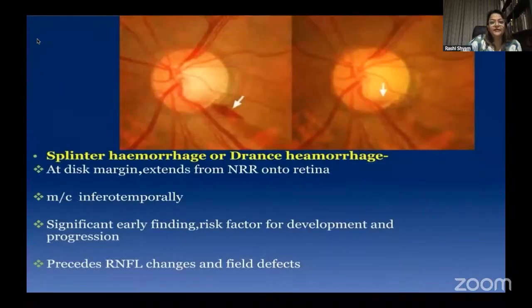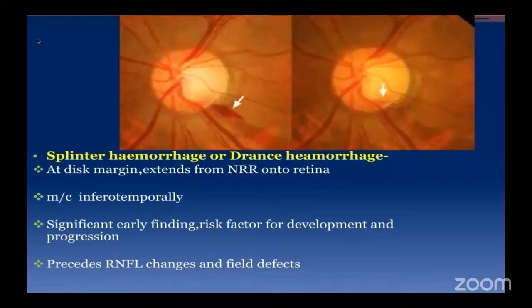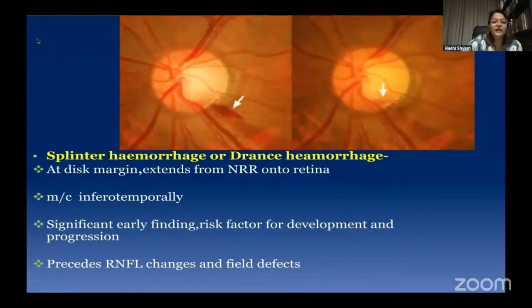Then splinter hemorrhages. Now, splinter hemorrhages are there in the normal population also. Apart from that, they are present wherever there is an ischemic event close to the optic nerve head or in the peripapillary region. And these splinter hemorrhages are also seen in glaucomas, especially ocular hypertension.